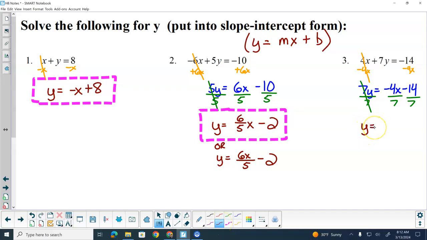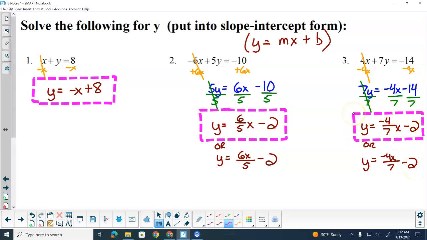But we had it in the last one too. We had a fraction, and that's okay. We're okay with fractions. Of course, that's what you have to have.